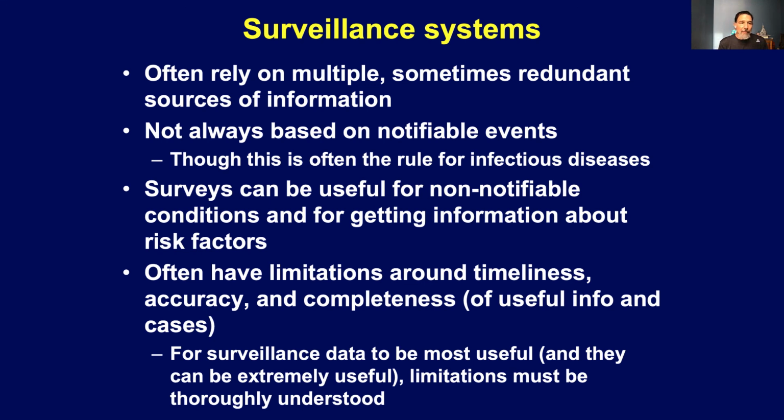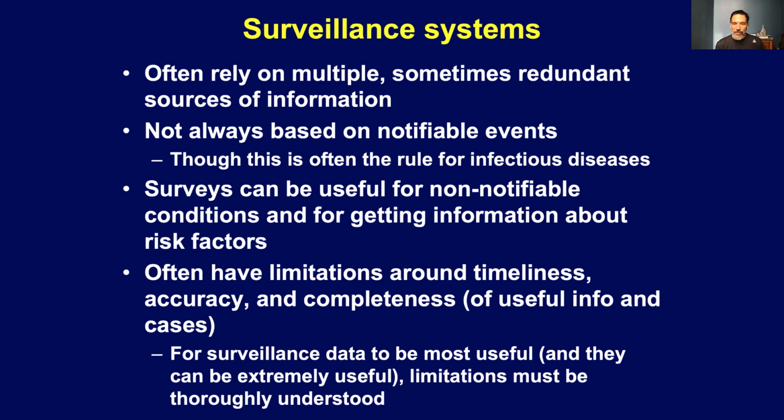So just to wrap up, surveillance systems often rely on multiple, sometimes redundant sources of information. At the most basic, we see notifiable diseases that are reportable both by providers and also by labs. That redundancy helps to ensure a more comprehensive picture of what's going on, so they have complementary kinds of information, but it also helps to bolster the completeness.